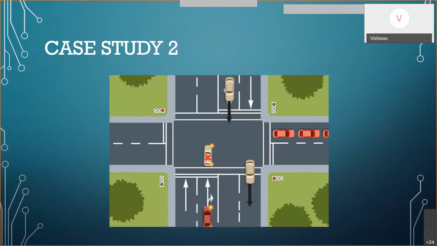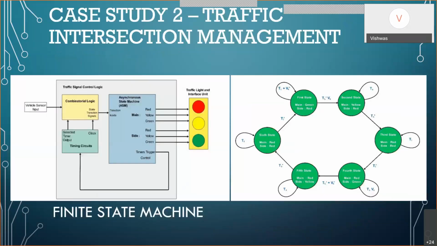So the digital electronics concept here is finite state machines. Maybe you might not have come across this currently, but you will come across this when you study it. For a fixed time traffic control system, you can see on the right side there is a finite state machine diagram, where TL is a time long duration, and TS is a time short duration.